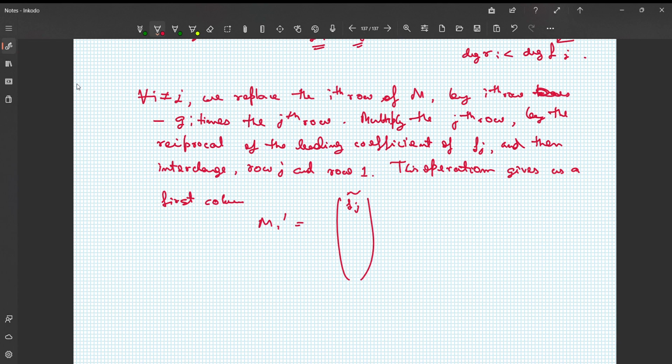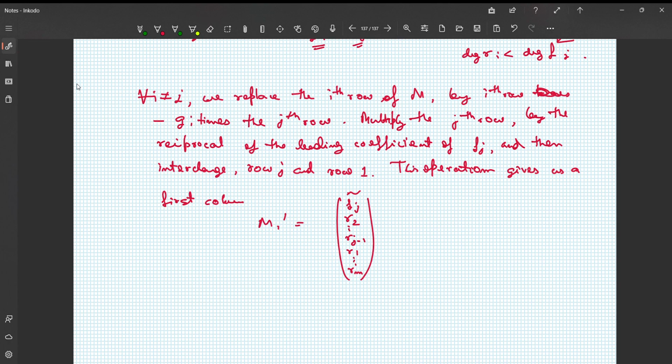So let us write it as fj bar, fj tilde. And then in the second row, if you apply this algorithm, you replace the second row by the second row minus g2 times the jth row. So you will get r2, right? So on and so forth till you reach rj minus 1, and then you start from 1 once again. So you have r1 till, last, you have rm.